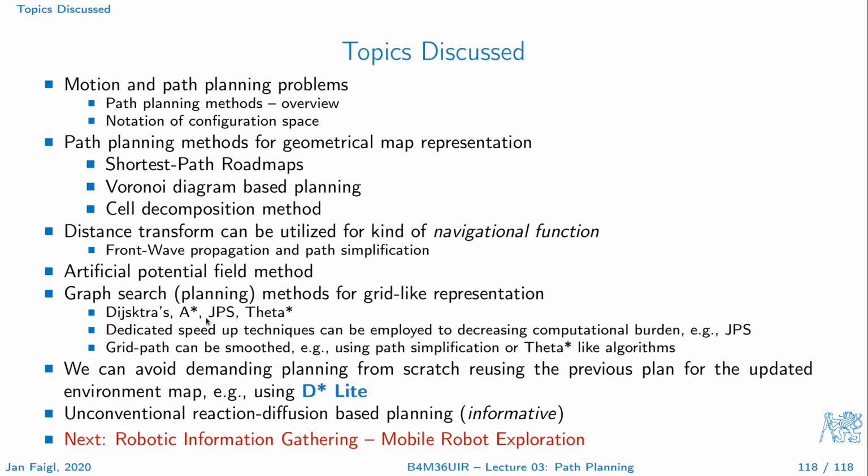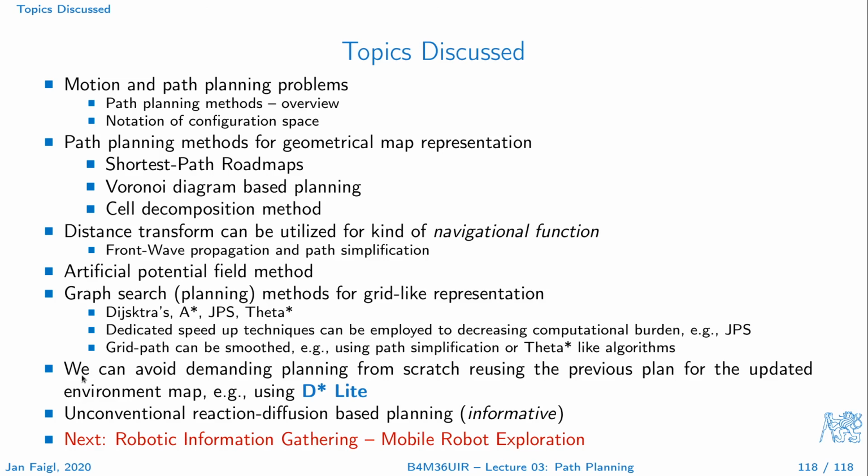We mentioned graph search planning, where the standard graph search can be employed like A star, but there are other variants like jump point search and theta star that can speed up the search process significantly. There is also a relation to grid path planning, that the path can be smoothed using some simple path simplification or theta star-like algorithms.